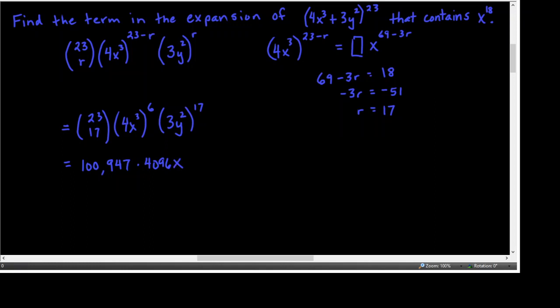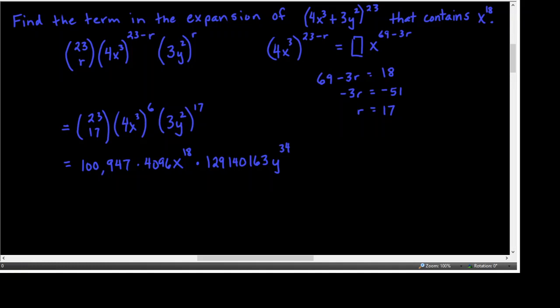X cubed to the 6th is x to the 18th, because 3 times 6 is 18. 3 to the 17th, wow, that's a long number, 129,140,163. And then 2 times 17 makes the power y to the 34th.